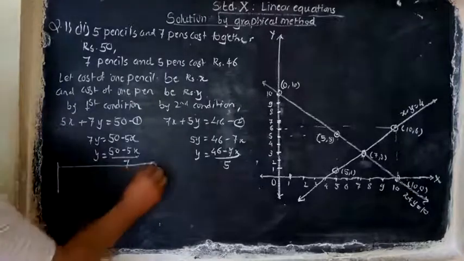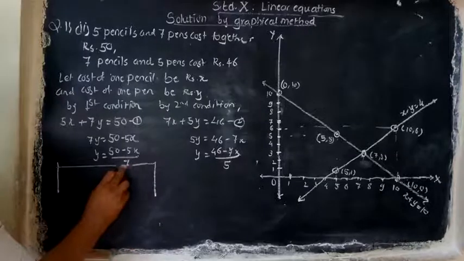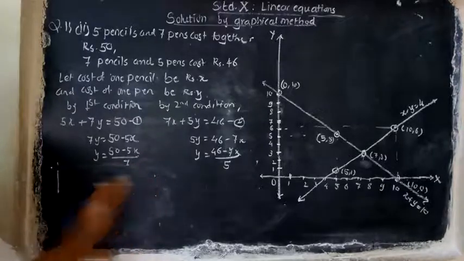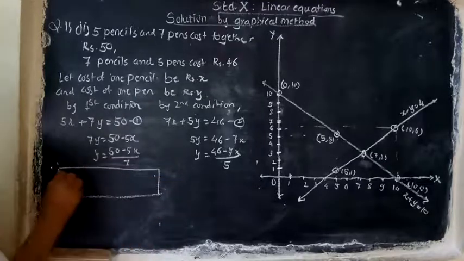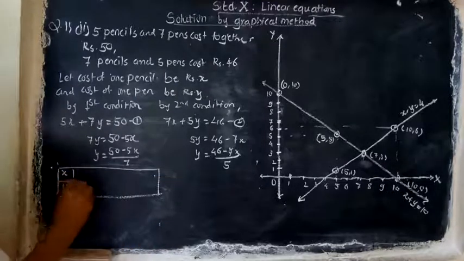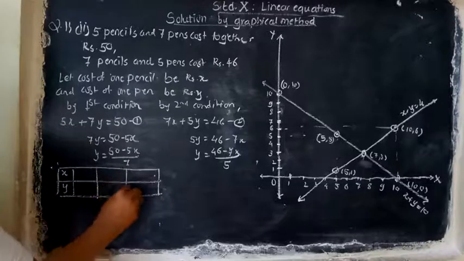Suppose we make this table first, x, y. We need 3 points.